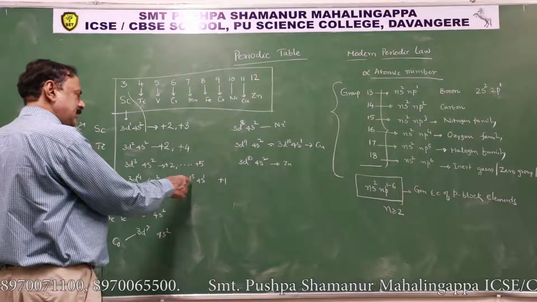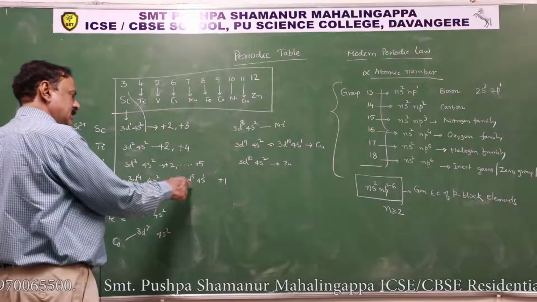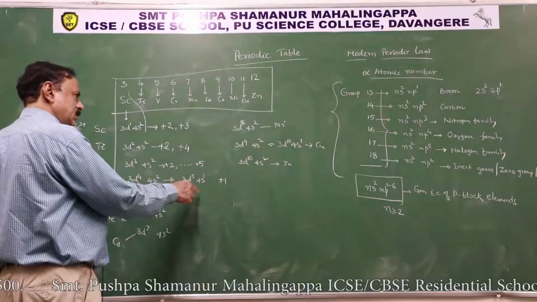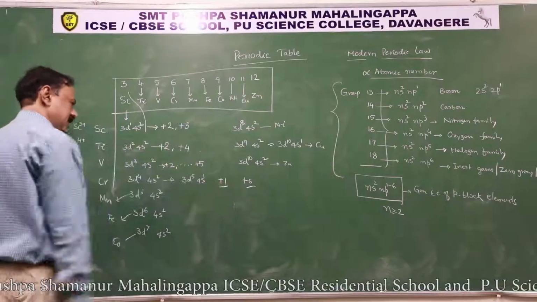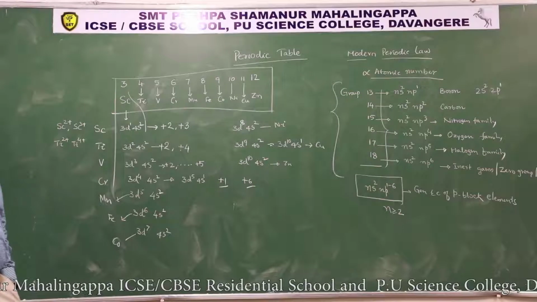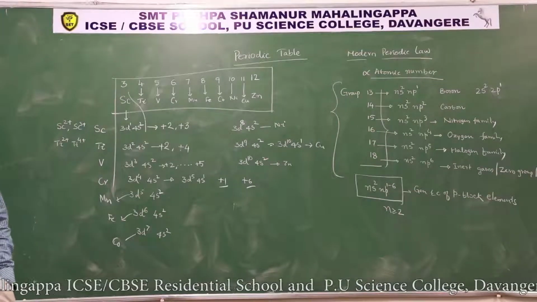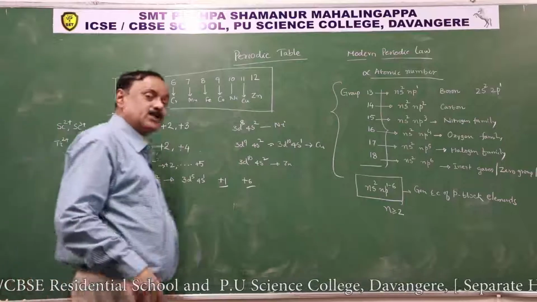By utilizing the d atomic orbital electrons continuously, we get +2, +3, +4, +5 and +6, which is the maximum oxidation state exhibited by chromium. See, in your laboratory we have potassium dichromate.